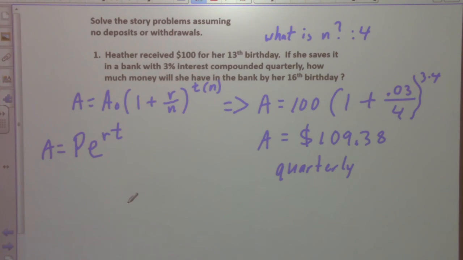It kind of rhymes that way, but that's in your formula chart, right? So you can see it right there. So anyway, here we have P again equal to 100, and that's going to be e to the rt, that's going to be 0.03 times 3 for t. And then we're going to get our answer for that.